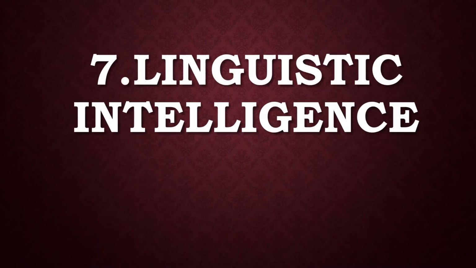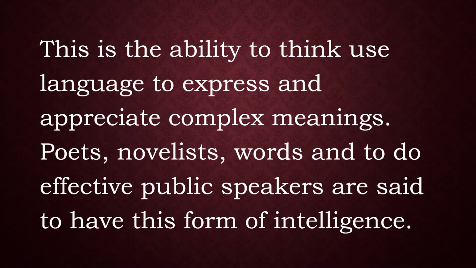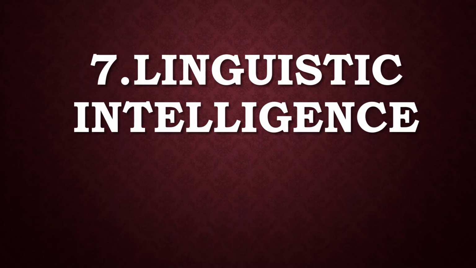Seventh type of intelligence, linguistic intelligence. This is the ability to think and use language to express and appreciate complex meanings. Poets, novelists, and effective public speakers are said to have this form of intelligence. So writers, poets, and public speakers have linguistic intelligence.